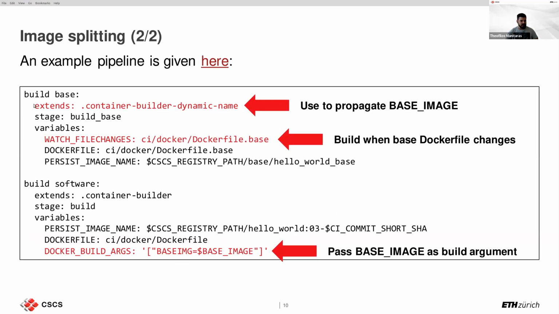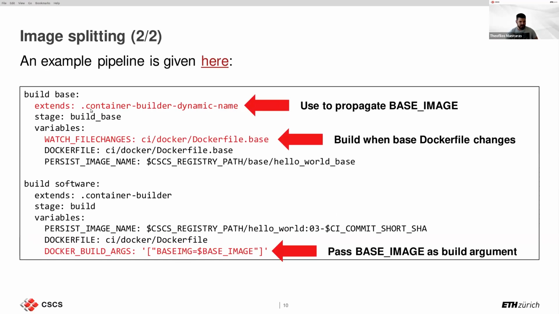So here we have the 2 stages. We have the build base, which is going to build your base image when you need it, and it will retrigger a build only when the base image changes. So you update your dependency and you want to propagate this update to your software.